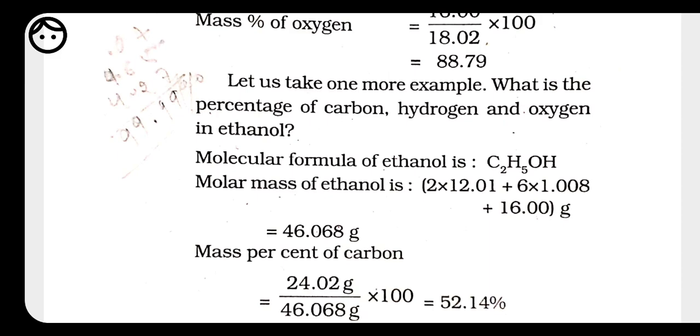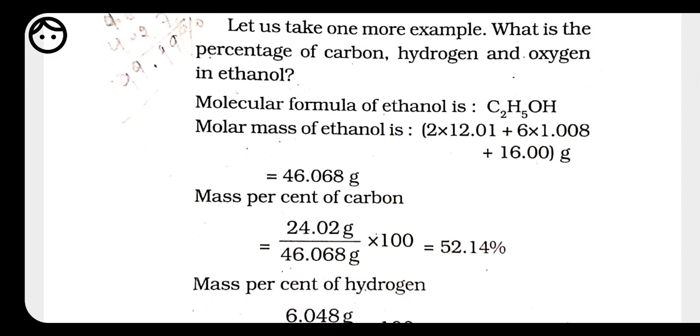First we will calculate for carbon. Mass of carbon is 12, but because we have two atoms of carbon, we multiply 12 with 2, that is 24. This 24 is divided by the mass of the compound, 46.068, into 100, which is equal to 52.14 percent.